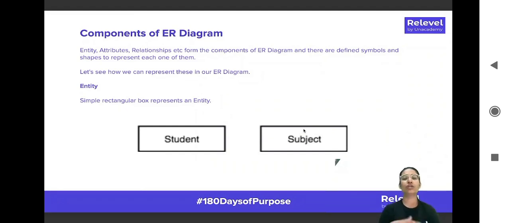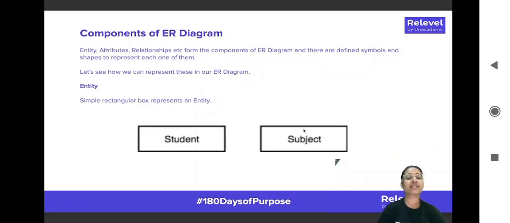them. Like I told you earlier, we were using a rectangular box, we were using a diamond box. So it's not like you can use them interchangeably or any way you want. There is a particular way of defining which shapes represent what part, okay? So we'll talk about how we actually represent these in our ER diagram. First we'll talk about entity.